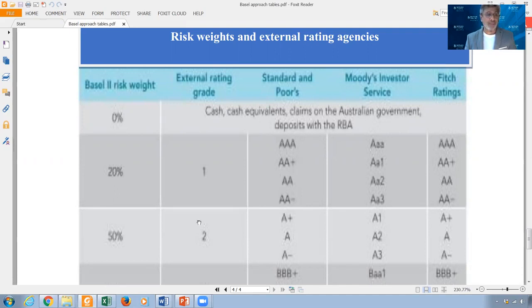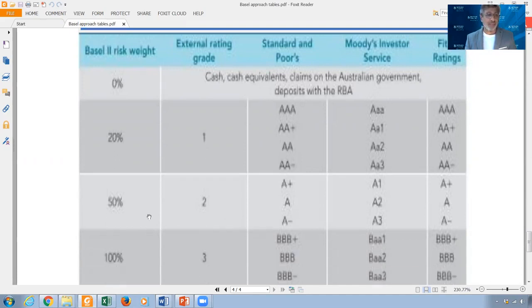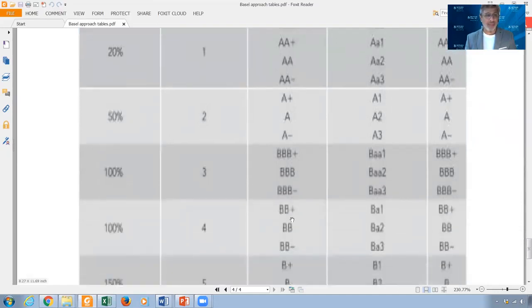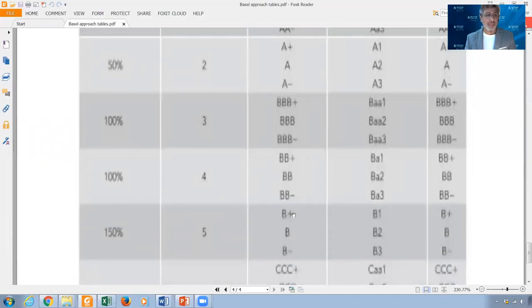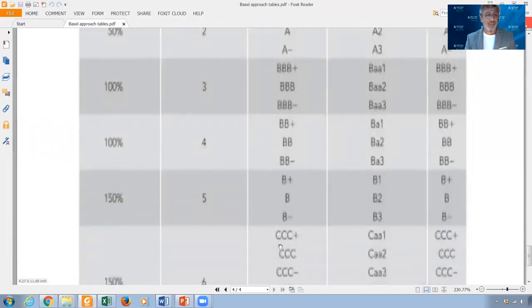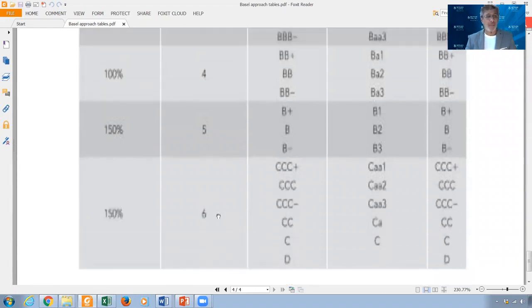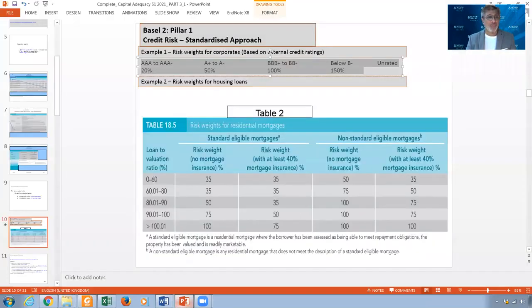So 20%. If it is from A to BBB minus, 50%, then 100%, and if it is from B plus to B minus, it's 150%, and the same thing applies to the C's and the D's, okay? This is all from table 5.